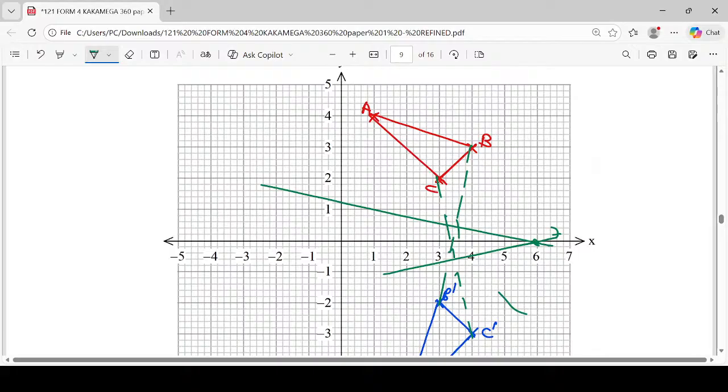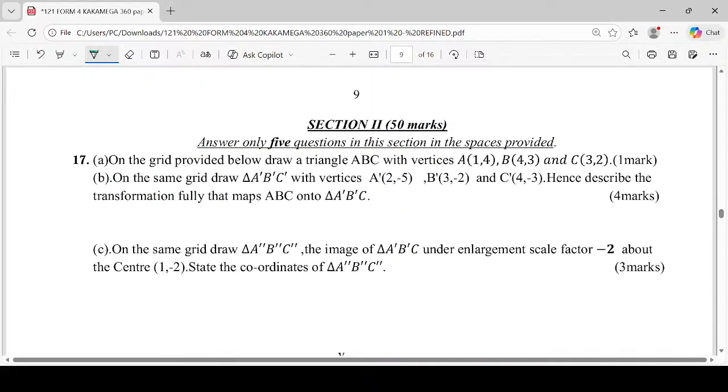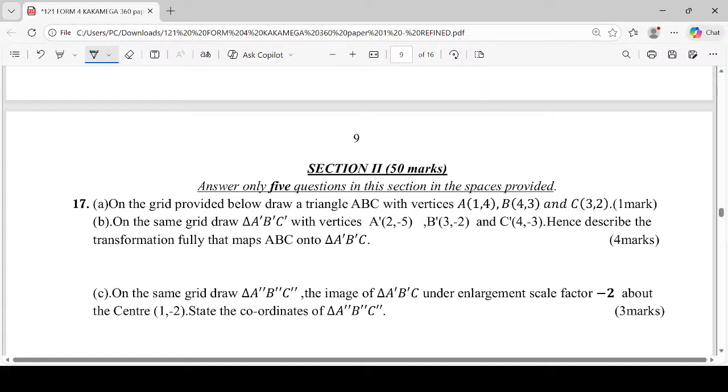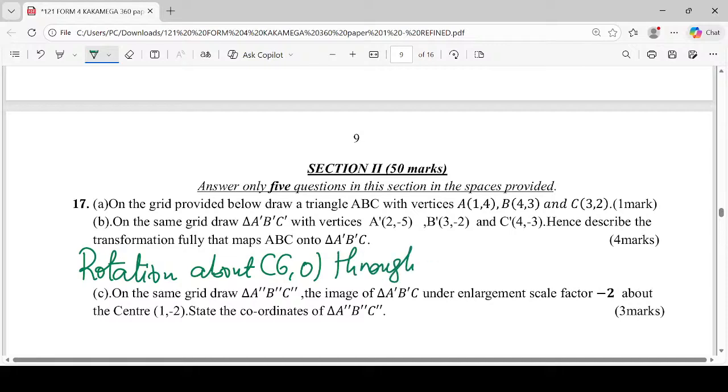So this transformation is a rotation about (0, 0), that's the center of rotation, through, then you must give the angle of rotation, positive 240 degrees. That is that transformation.